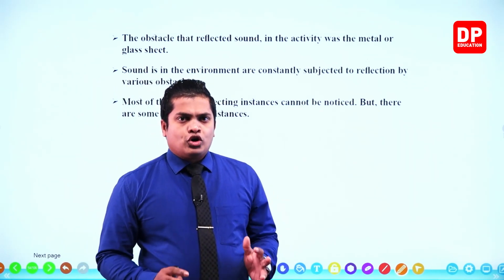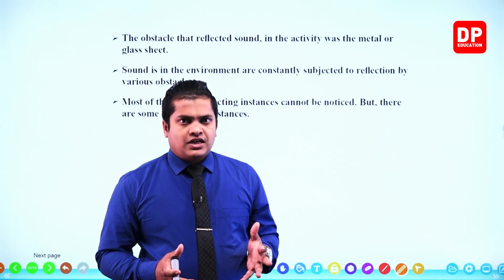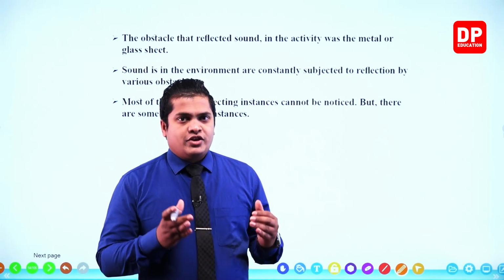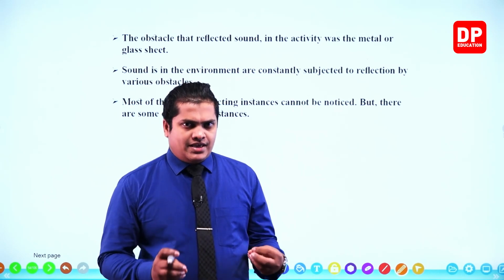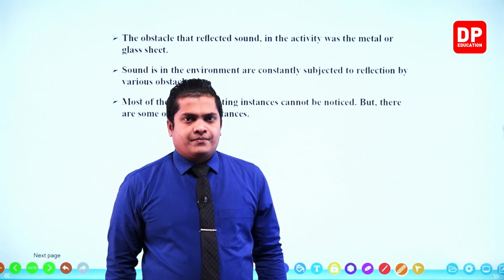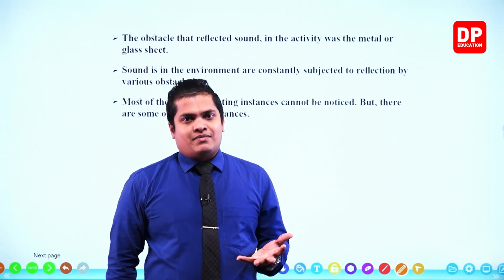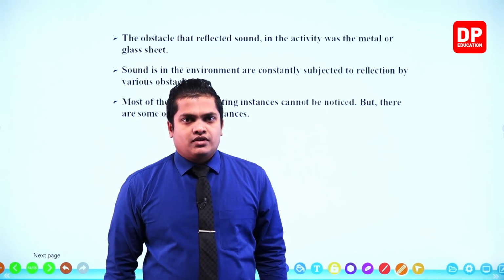When you go to a cinema hall or an auditorium and you shout there, or when you listen to a certain sound, you can hear an incident called echoing, or an echo. The echo is created, my dear children, mainly because of the reflection of sound.